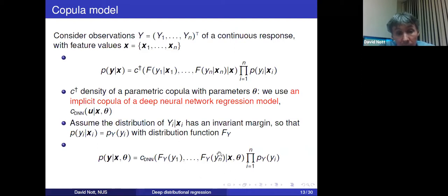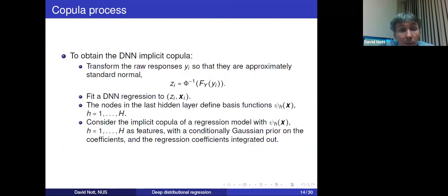And then let me describe now how you'd construct this implicit copula in the regression. To obtain the DNN implicit copula, we consider a deep neural network regression for some transformed responses. We transform the raw responses y so that the transformed responses are approximately standard normal.